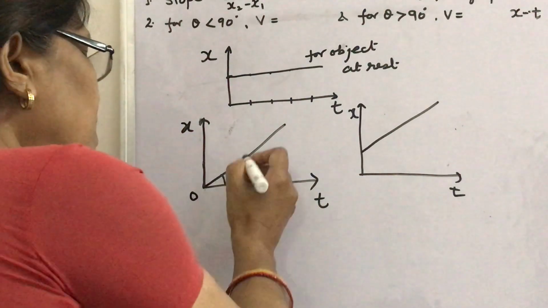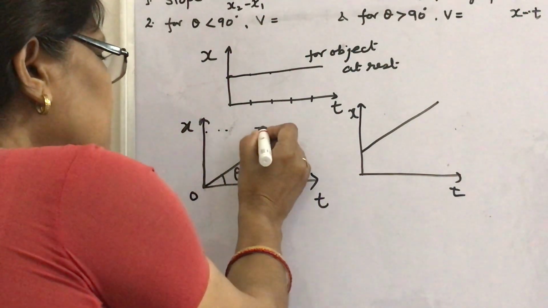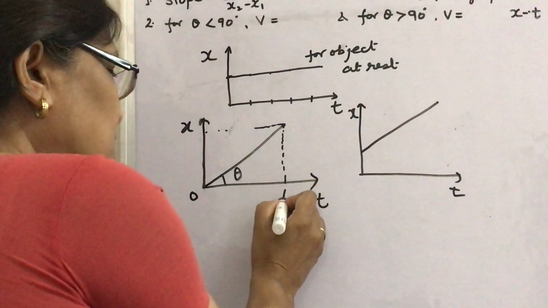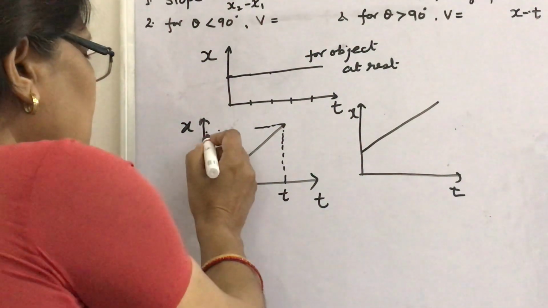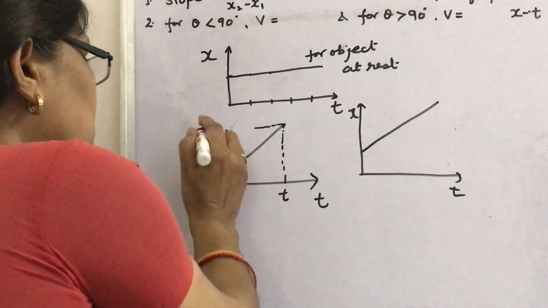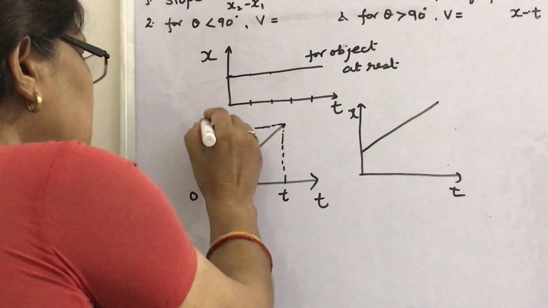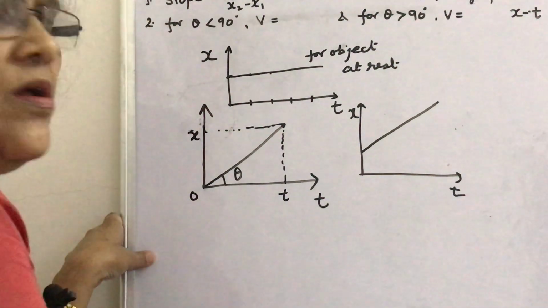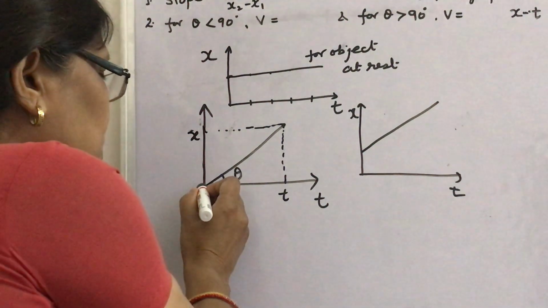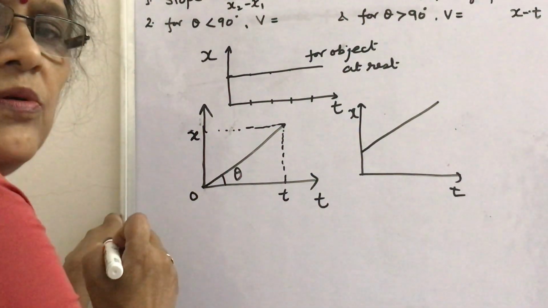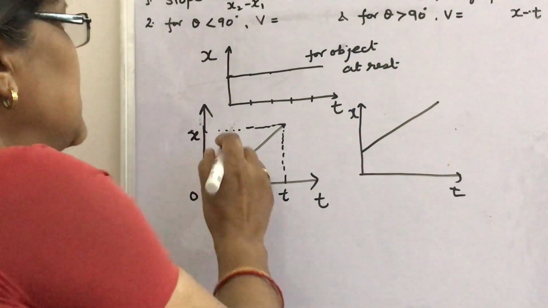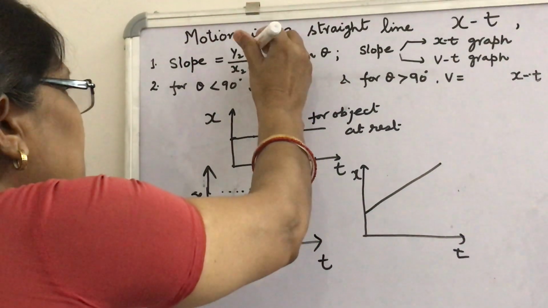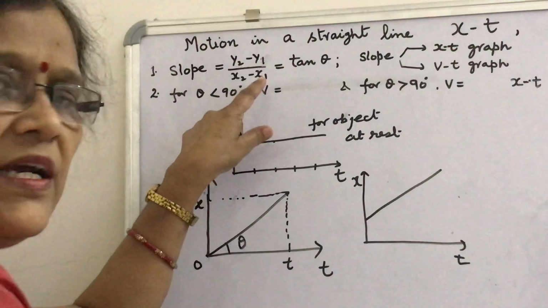Consider this point on the graph at which the time is t and the position is x. This is the position-time graph. At the origin the position is 0 and time is 0. So, the slope is, as I have written here, change in y axis divided by change in x axis.